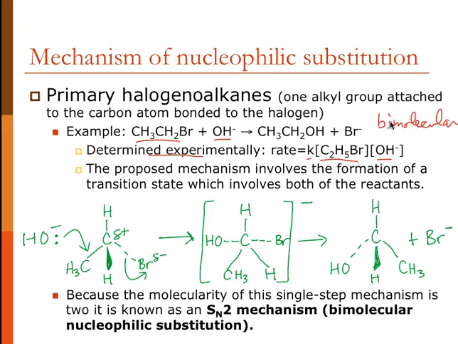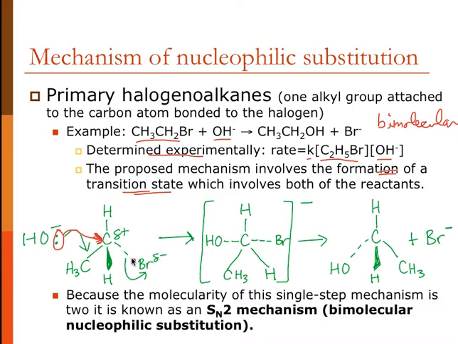Throwing a little bit of kinetics in there. The proposed mechanism involves the formation of a transition state. How does this transition state form? This hydroxyl group with its unshared electron pair is attracted to the electron deficient carbon, the partially positively charged carbon.